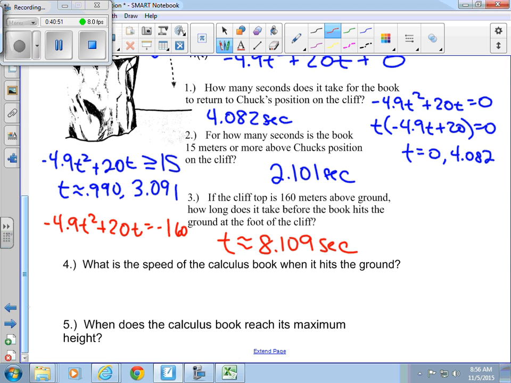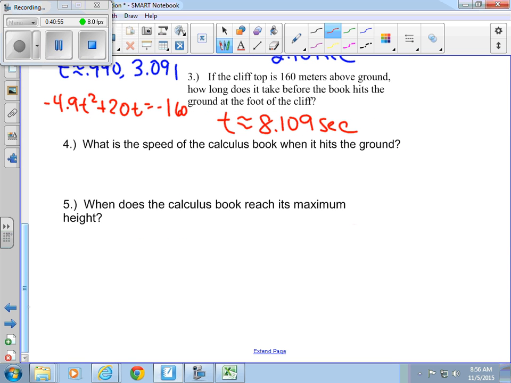What is the speed of the calculus book when it hits the ground? Now we've got calculus questions, right? We haven't touched calculus yet, but now we're in calculus. How am I going to do speed? The derivative. How is the derivative going to help me? Velocity. Now is velocity and speed the same thing?